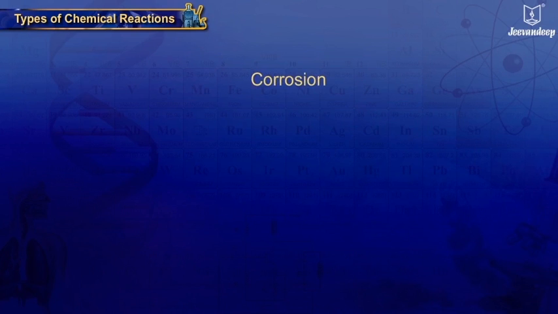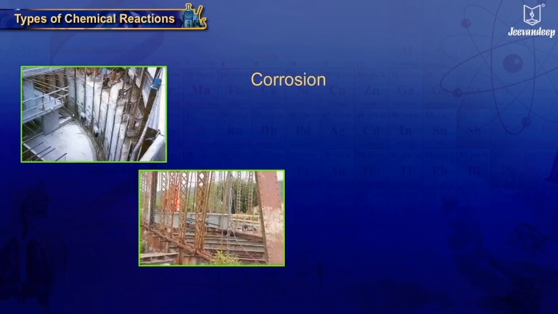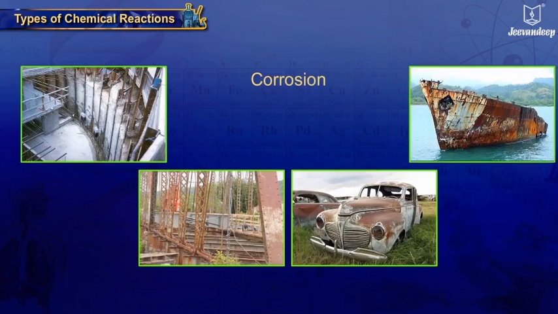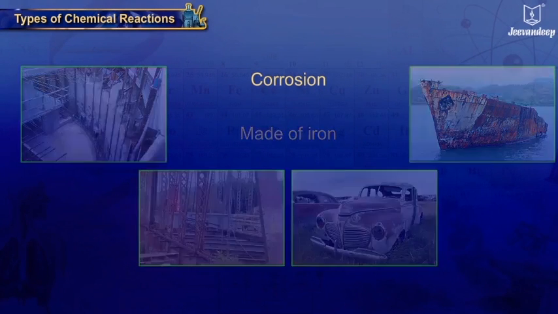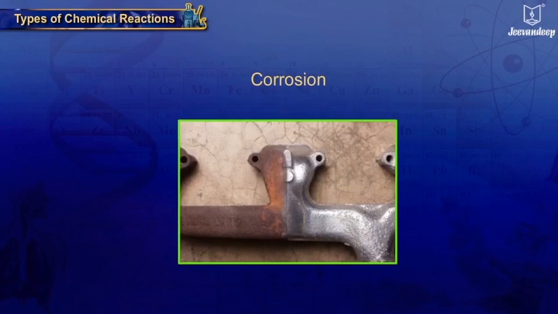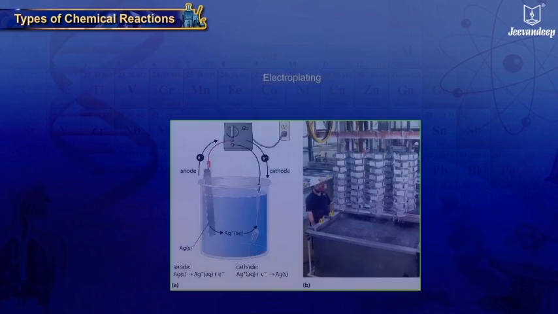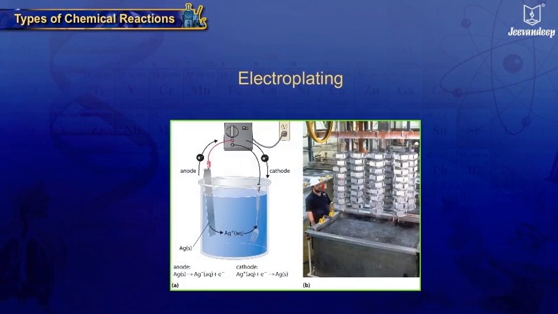Corrosion causes damage to buildings, bridges, automobiles, ships, and other articles mainly made of iron. Corrosion can be prevented by coating the exposed surface, by applying paint or anti-rust solution, or by the process of galvanizing or electroplating with other metals.